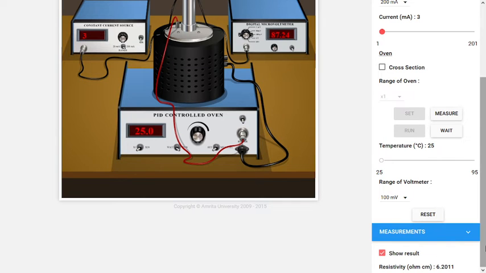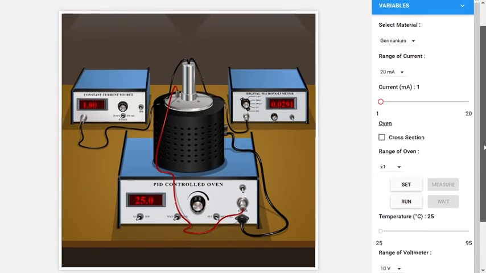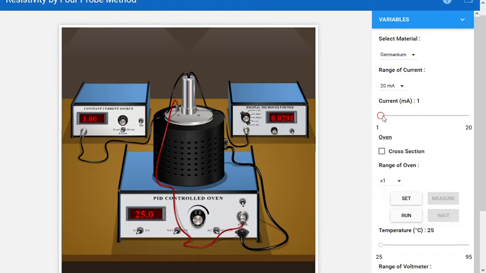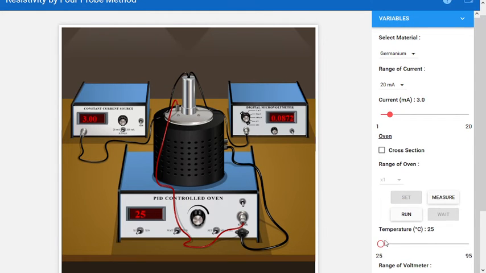So now let us take another example. Keep the current constant at 3 milliamperes. And let us take our temperature set, and let us take our temperature as 40 degrees Celsius. You can gradually increase it, but I will just show these two readings, and then click on run.